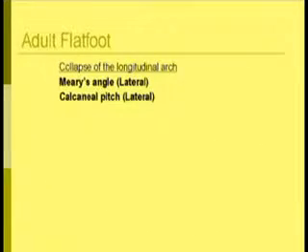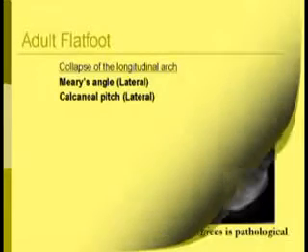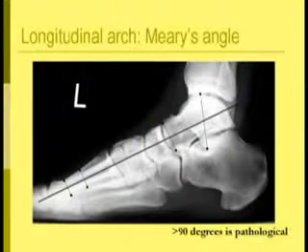The adult flat foot can be diagnosed appropriately from X-rays using a standing lateral view to look at various angles which can be measured. This is Meary's angle, which looks at a perpendicular drop from the top of the talus and a line extended from the back of the talus to the front of the big toe.